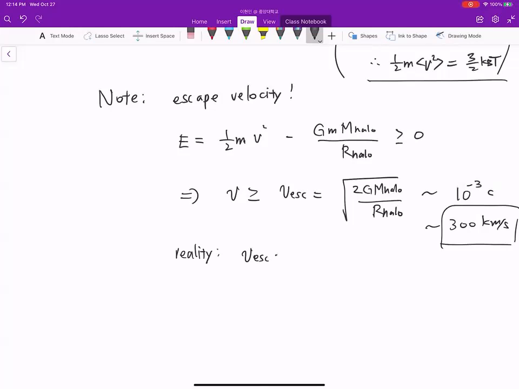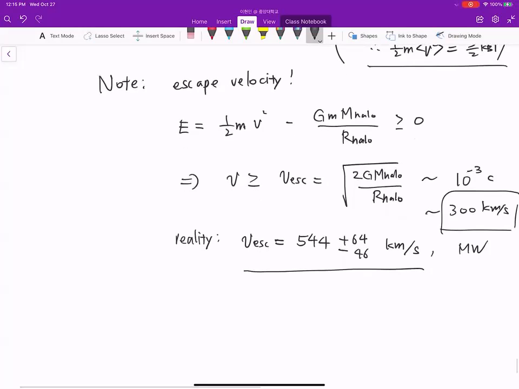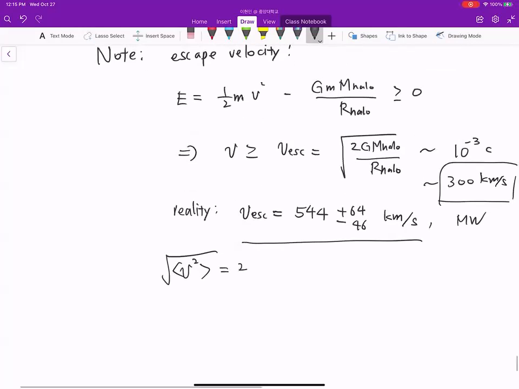Escape velocity in the Milky Way is 544 kilometers per second, and the V0, the velocity dispersion in the Milky Way, is measured to be 288 kilometers per second.